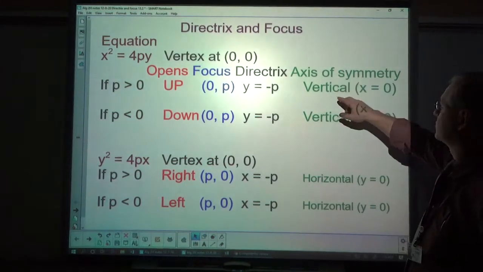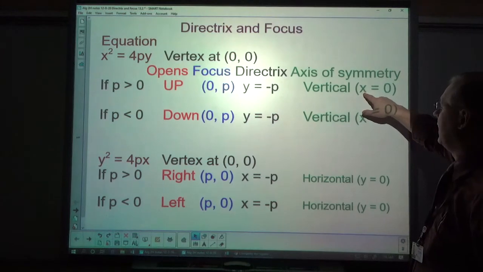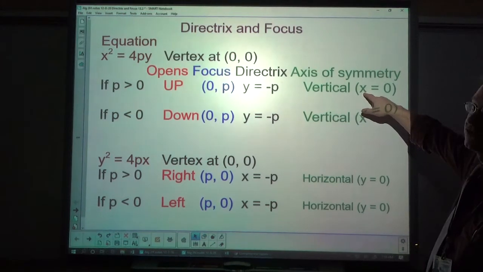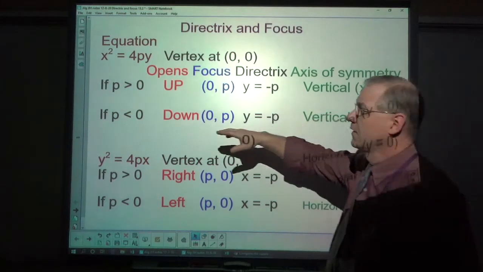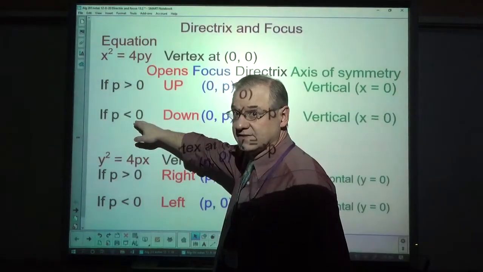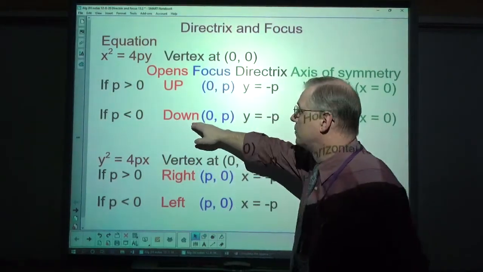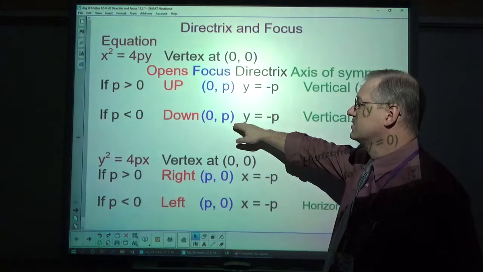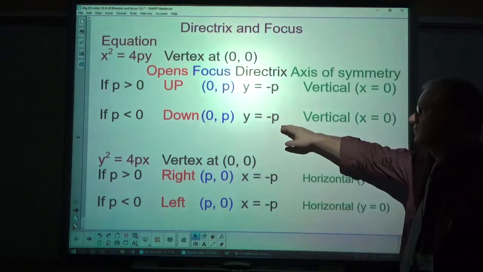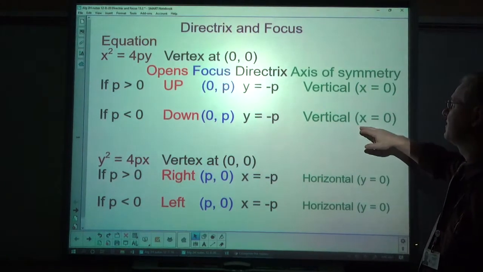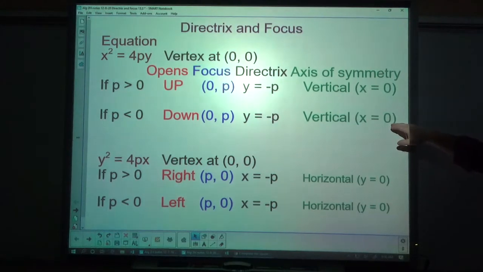The axis of symmetry is a vertical line, and it has the equation x equals 0. If p is less than 0, or negative, then it opens down, has the same focus of 0, p, same directrix of y equals negative p, and the same vertical axis of symmetry, x equals 0.